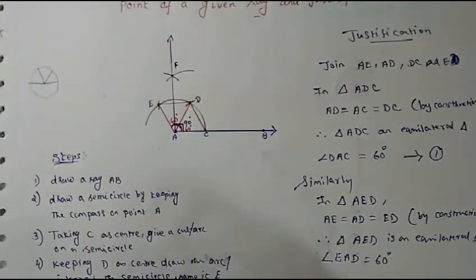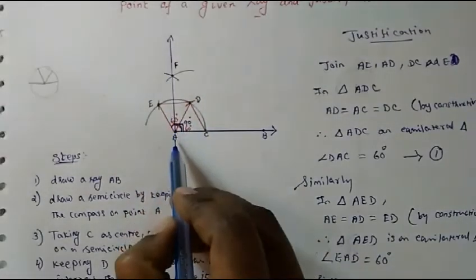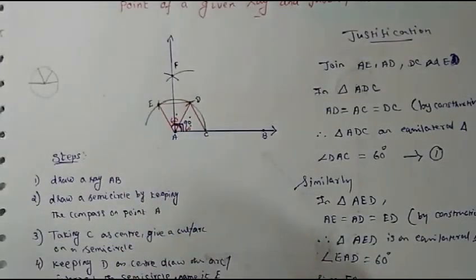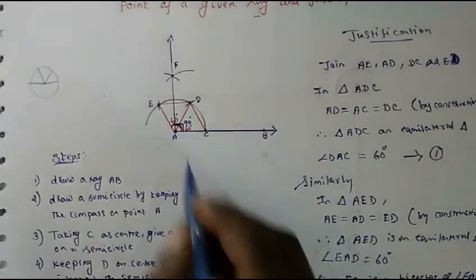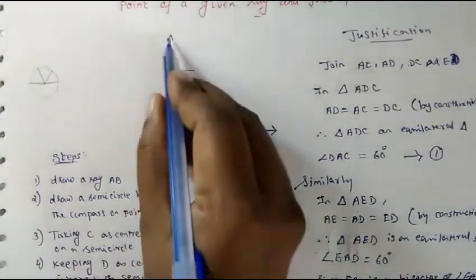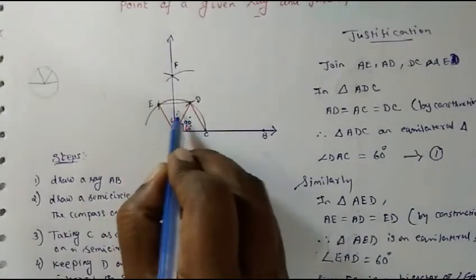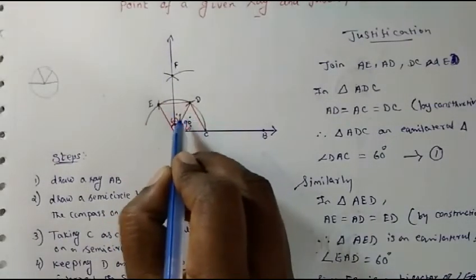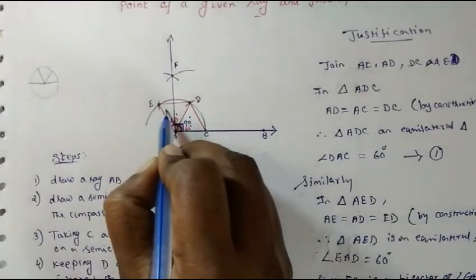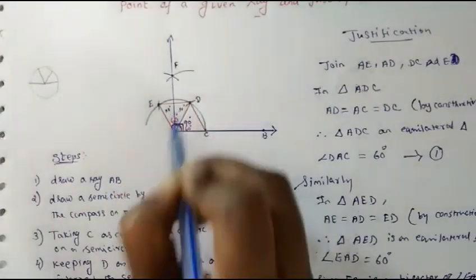So can we say that FA is a bisector of angle EAD. Okay, EAD, this angle, it is bisecting. That means it is dividing it into equal halves. So this is 60 means this will be 30 and this will be 30.